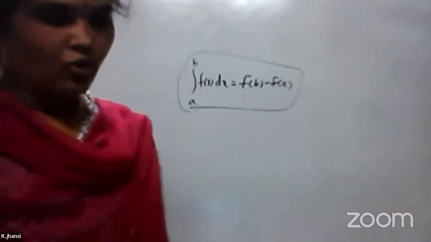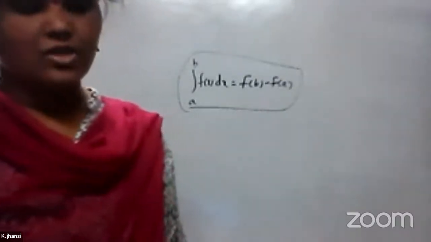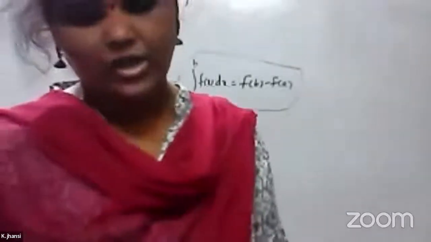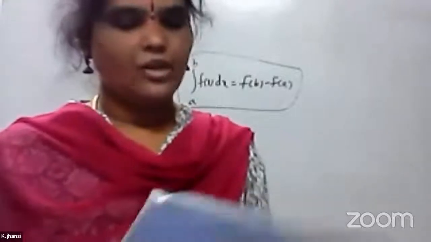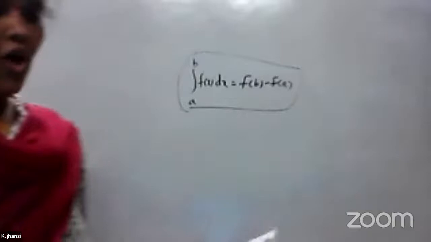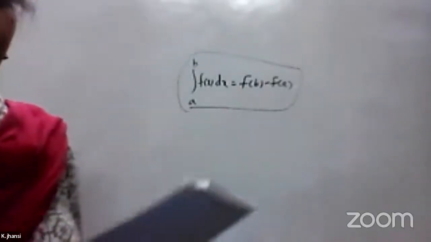So I have told you already to write all the formulas on one page. That is, at least write them at the back side of your textbook, or in the middle leave 2 to 3 pages and write all the formulas there. So we call it properties of definite integrals.